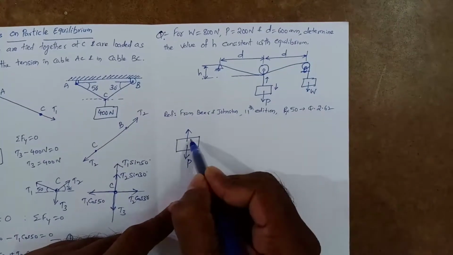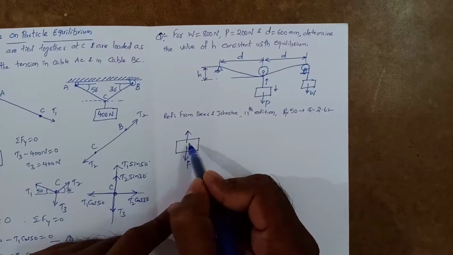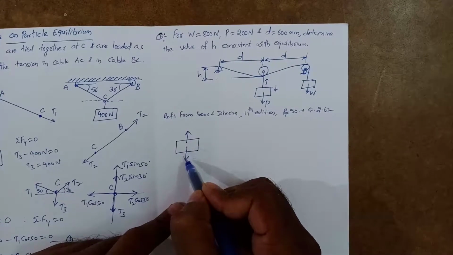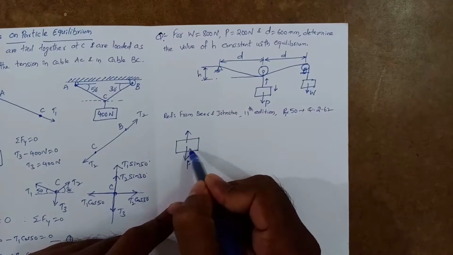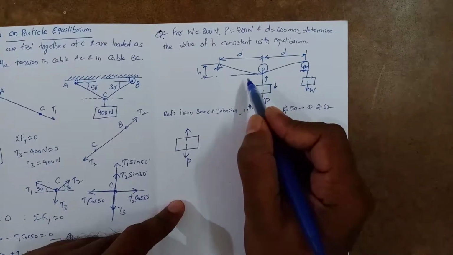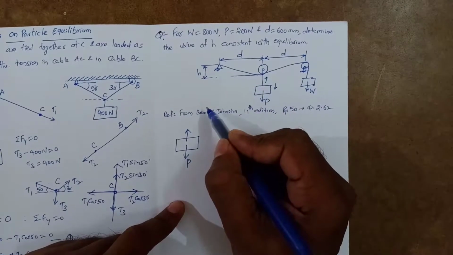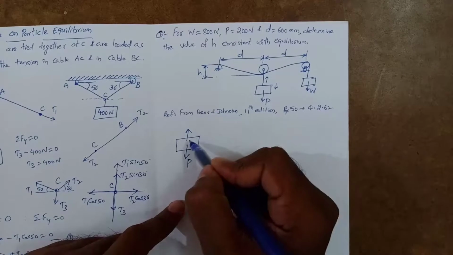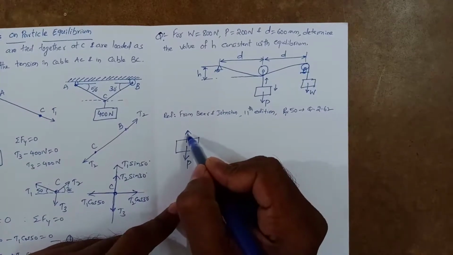This completes the free body diagram for this body. This body is in contact with this cable. Remove the cable and show the force exerted by the cable on the body, which is in this direction.